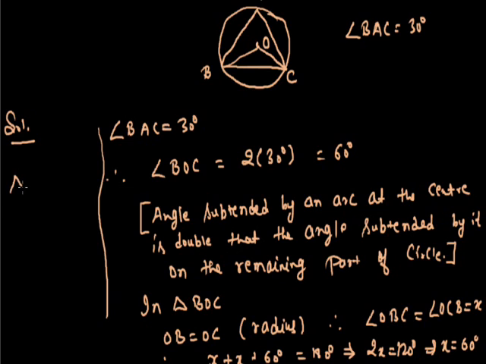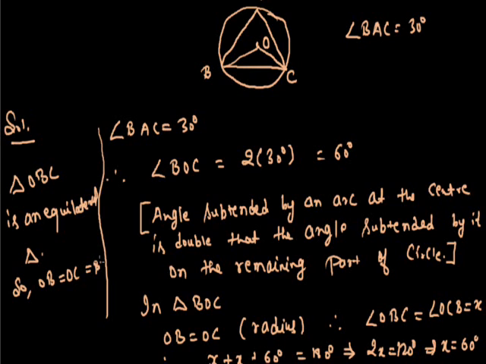Therefore triangle OBC is an equilateral triangle. So OB equals OC equals BC, which is equal to the radius. So this is what we had to prove: BC is equal to the radius of the circle.